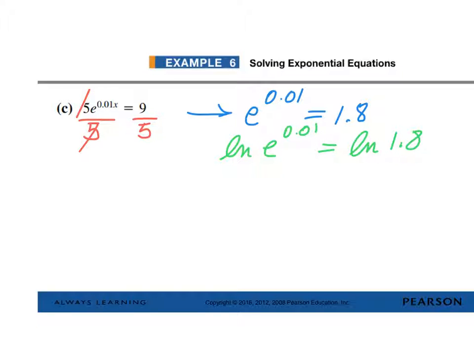And then again, we're going to use that power rule to bring the 0.01 down front. And I've inconveniently left out my x's, so let me go put those back in.